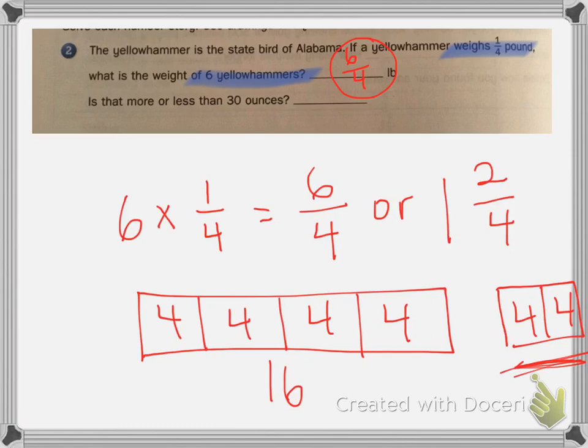So when we count them up, 4, 8, 12, 16, 20, 24. So that means 6/4 pounds is actually equal to 24 ounces. So it says, is that more or less than 30 ounces? Well, we know that 24 is definitely less than 30, so we would put less.